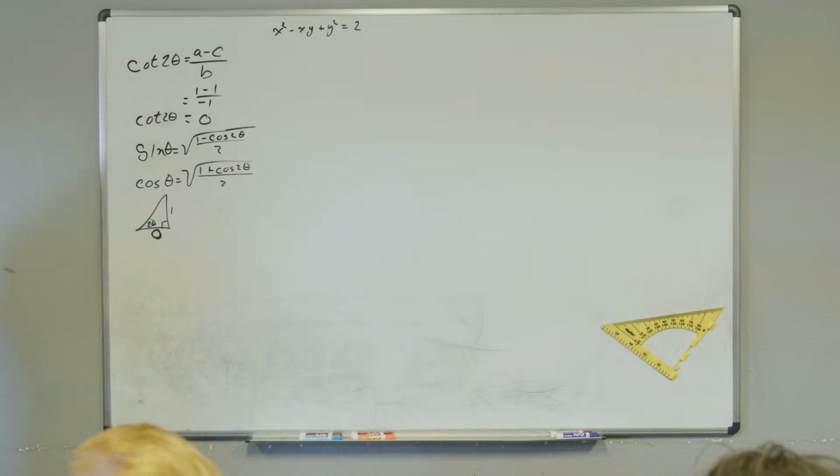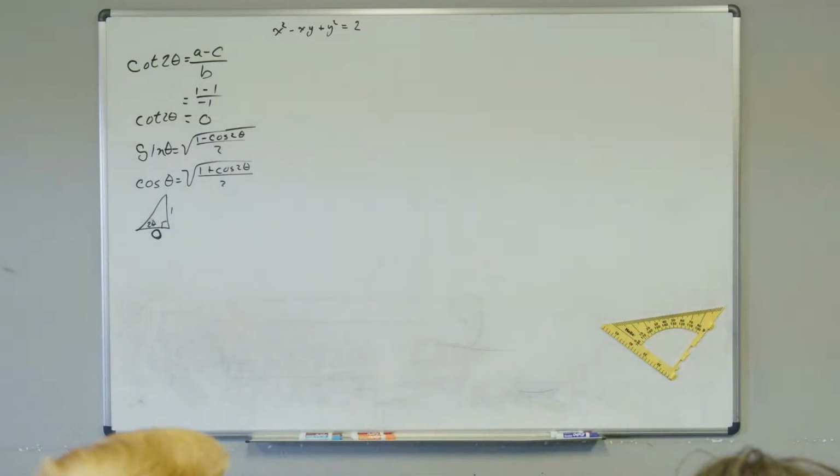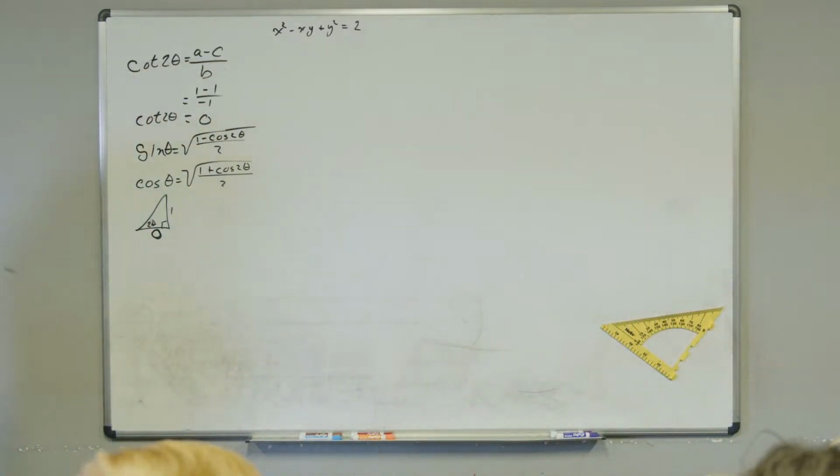For 0 and 1, it's maybe a little bit easier to think about it with the chart than with a table. Well, the hypotenuse is 1.